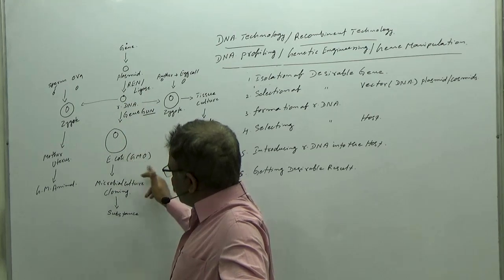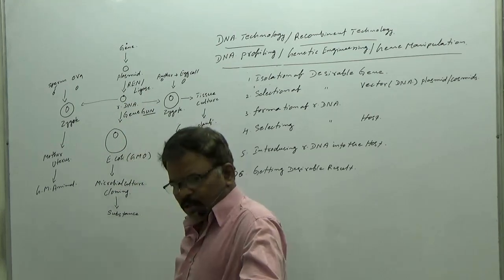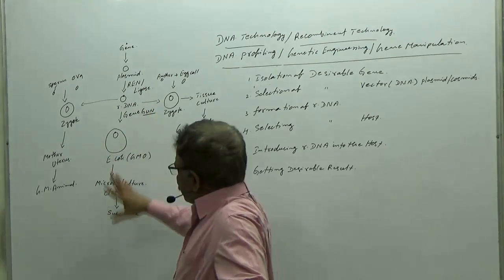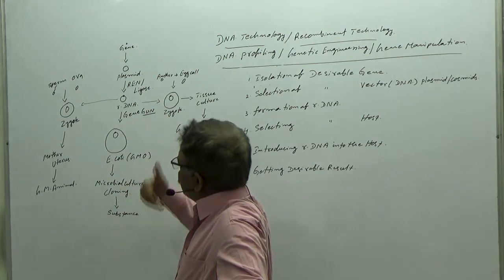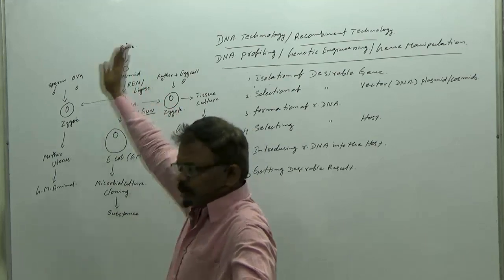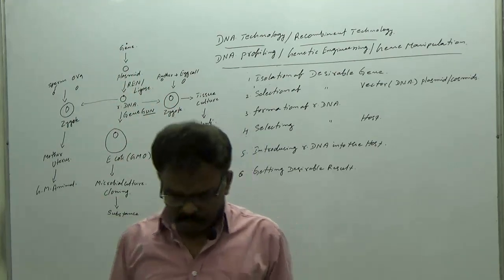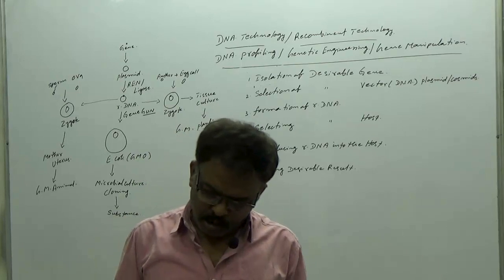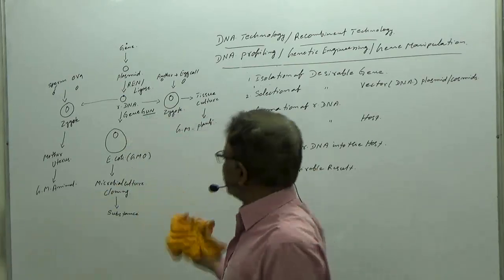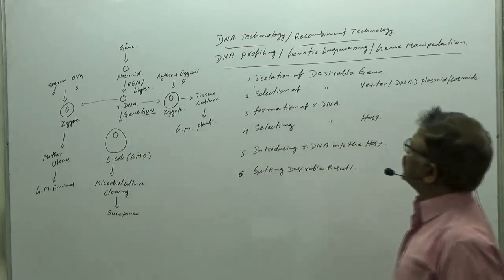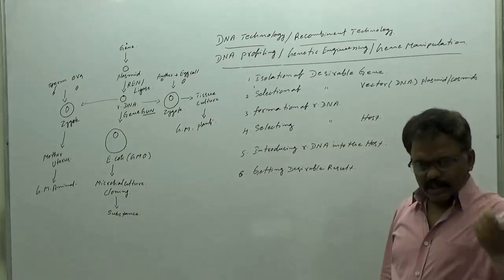Then they develop this E. coli in microbial culture, which is known as the cloning process. After that, this genetically modified E. coli produces an abundant number of substances depending upon the gene. If the gene is for an enzyme, it produces enzyme. If it is a hormone, it produces hormone, or whatever that may be. This is DNA technology, recombinant technology. Over.